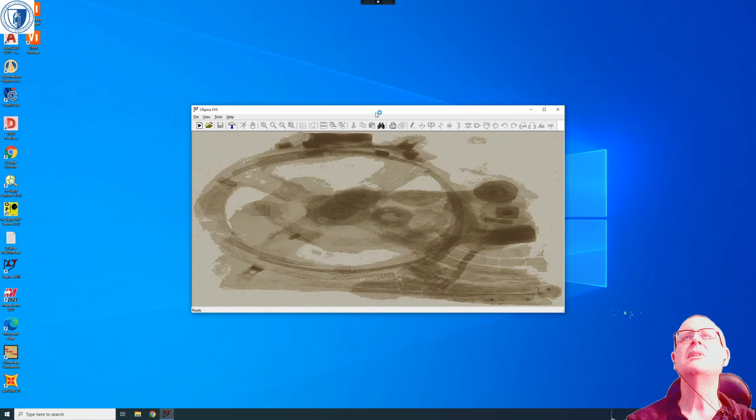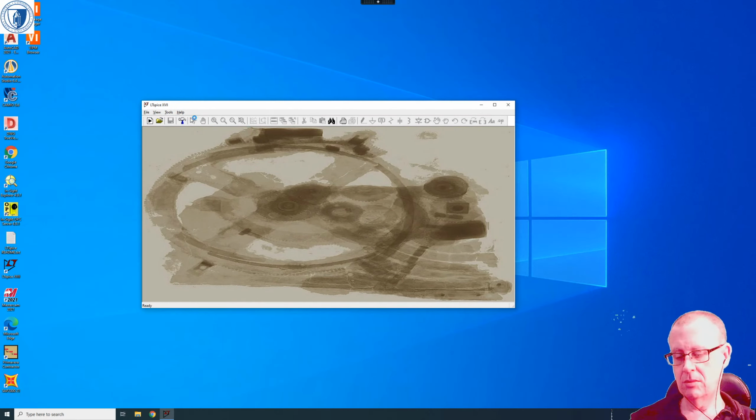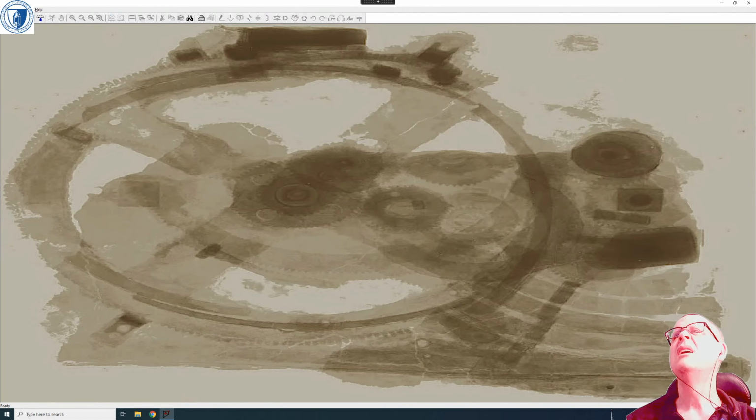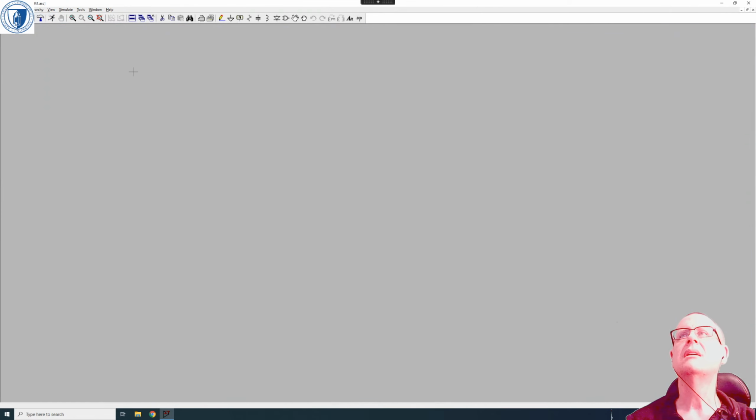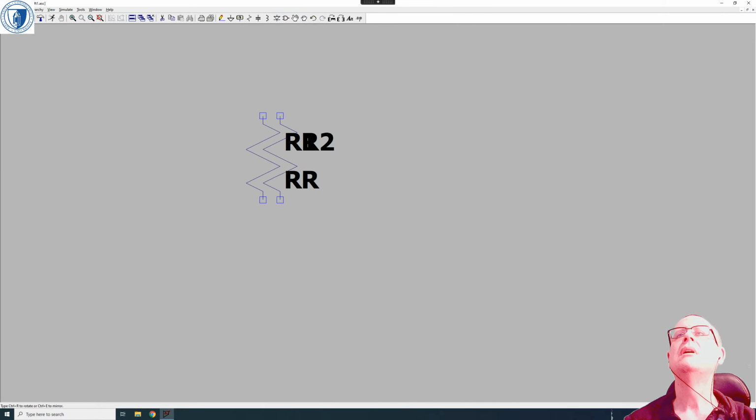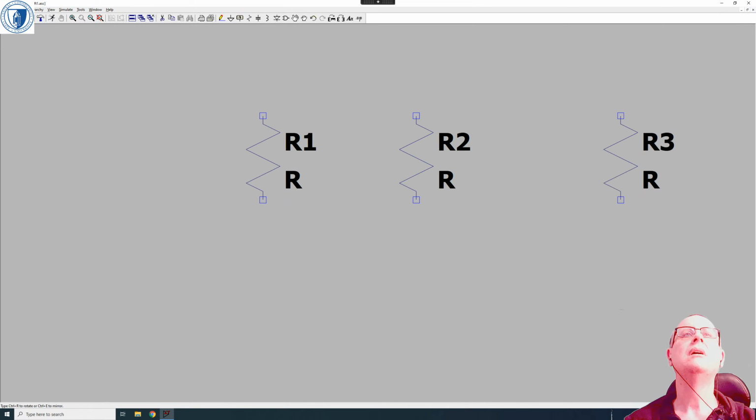Okay, so let's go full screen and file, new schematic. So I've got a resistor. Right, so there's some resistors.